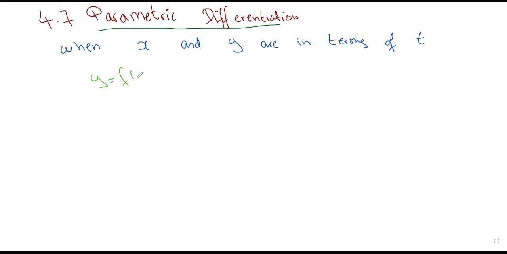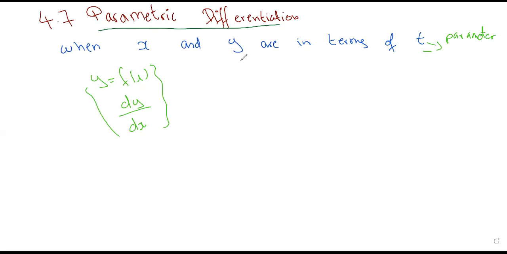Y equals f of x, and this is what we have been doing throughout, right? This is what we were playing with. But what is this t? Okay, I'll tell you. This t is the parameter, and this is what the question says here.